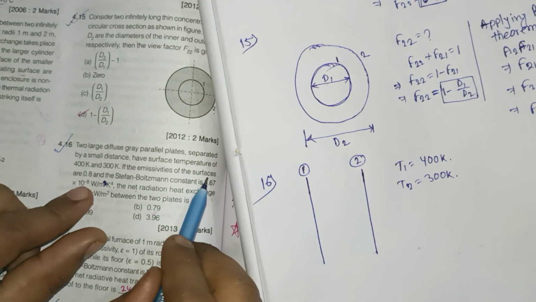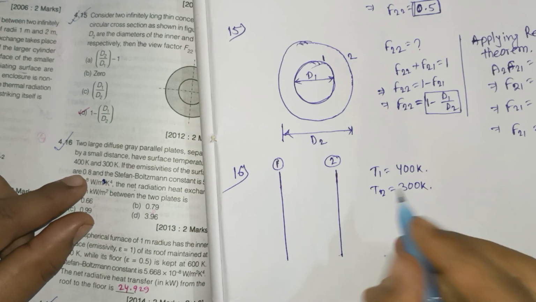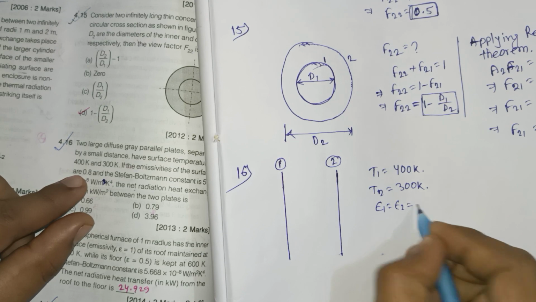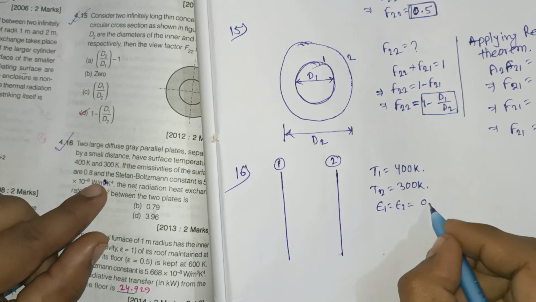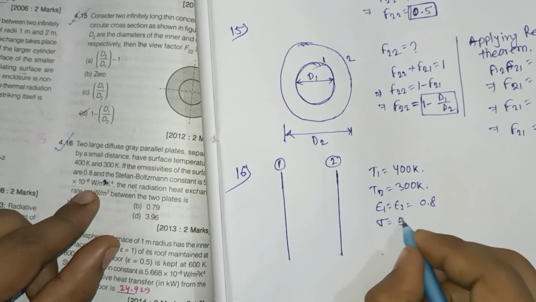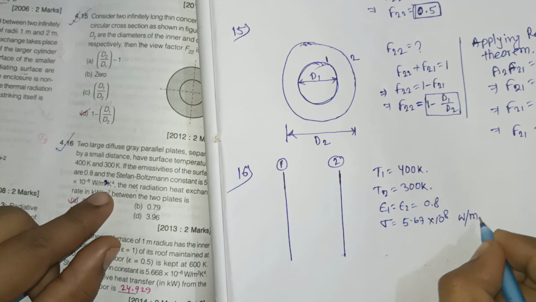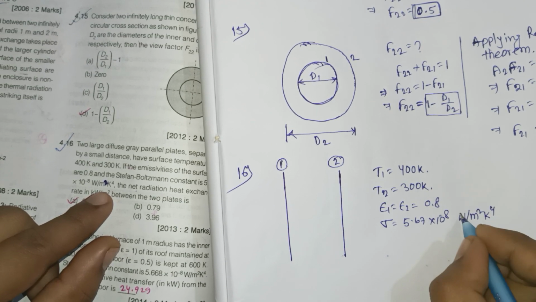The emissivity of both surfaces is the same, 0.8, so epsilon 1 is equal to epsilon 2 is equal to 0.8. The Stefan-Boltzmann constant sigma is 5.67 into 10 to the power minus 8 watt per meter square Kelvin to the power 4.